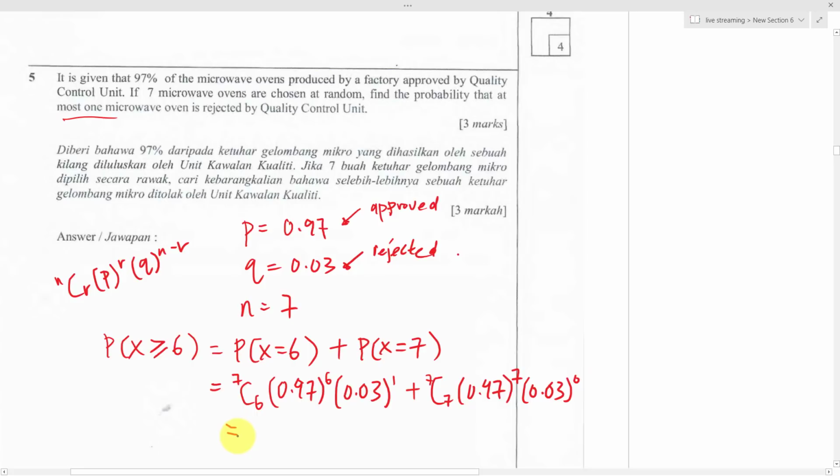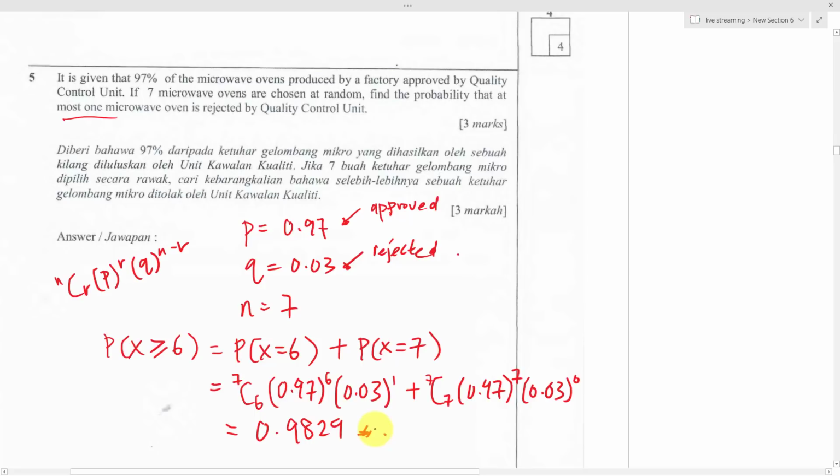So basically I just plug in everything into the calculator: 7C6 multiply 0.97 power of 6 and then multiply 0.03, plus 0.97 power of 7. So I get 0.9829. This is how we do this kind of questions.